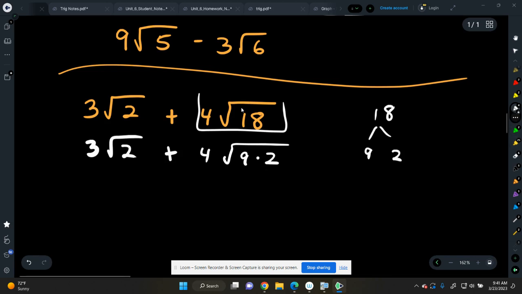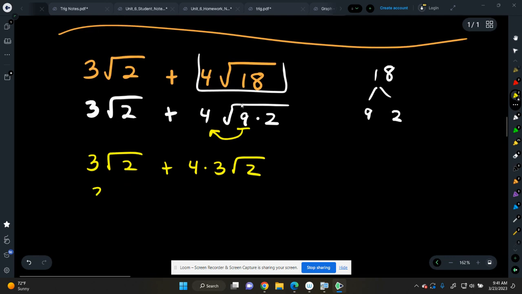What can I do from there? Take that square root of 9 out, which is a 3. So now I have 3 root 2 plus 4 times 3 root 2, which gives me 3 root 2 plus 12 root 2. Now I see they are like terms.